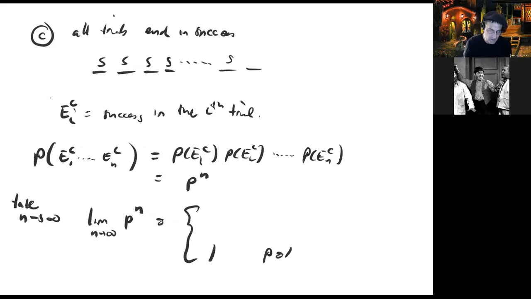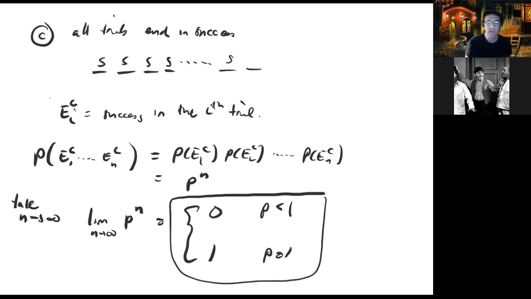So if you're starting off with a coin where the probability of getting heads is 1, so the coin always lands on heads, then the probability of always getting successes is 1. That's what that's saying. But what if P is less than 1? Well, P to the n, if P is less than 1, tends to 0. So the answer is going to be 0 if P is less than 1. So that's the answer to the problem.